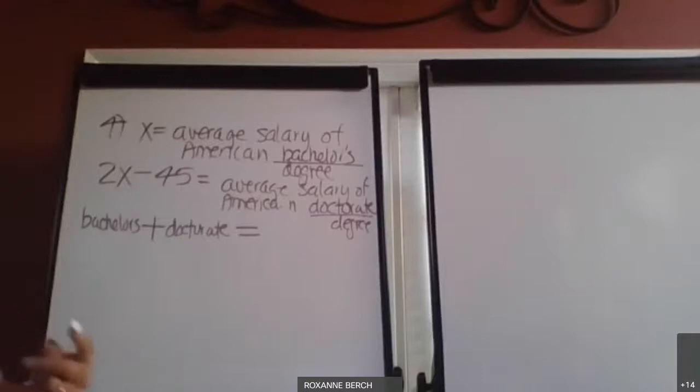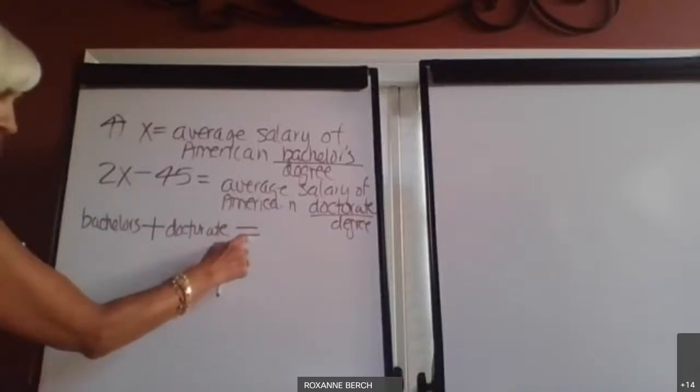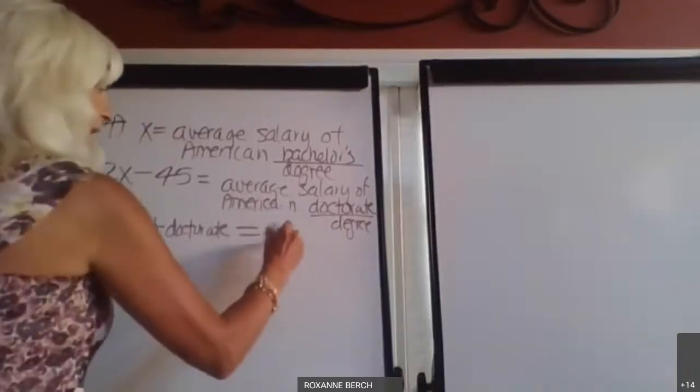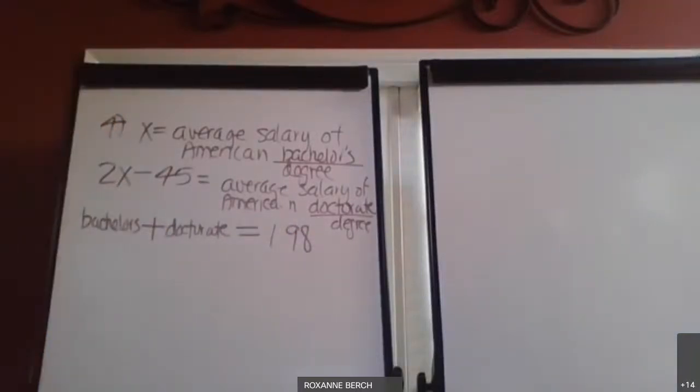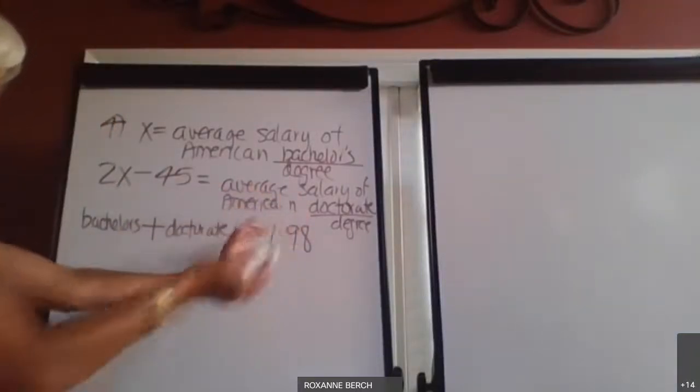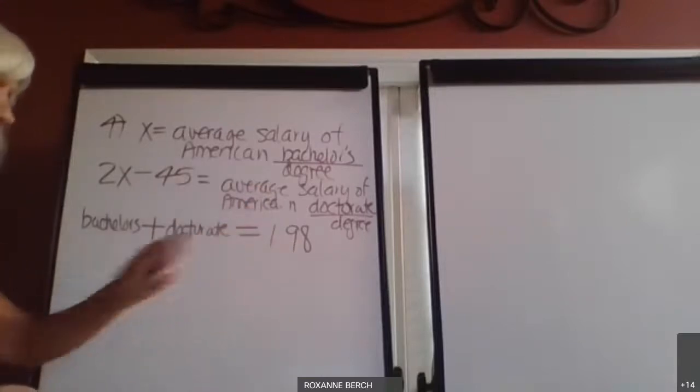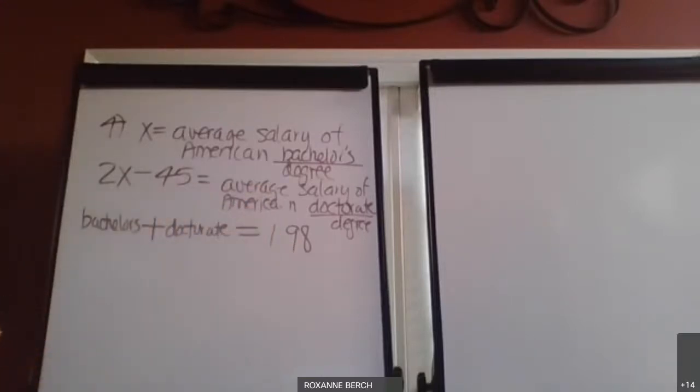It says combined with each of these educational attainments earn, which is the equals, 198,000. And I'm not going to put the thousand, I'm just going to write 198. So we know that's not $1.98. We know that's 198,000. So I think we're ready to solve the problem.